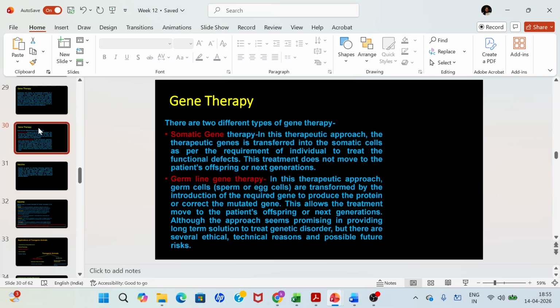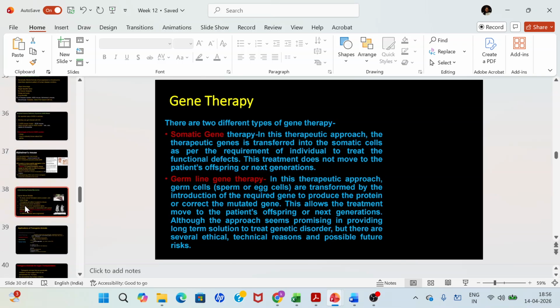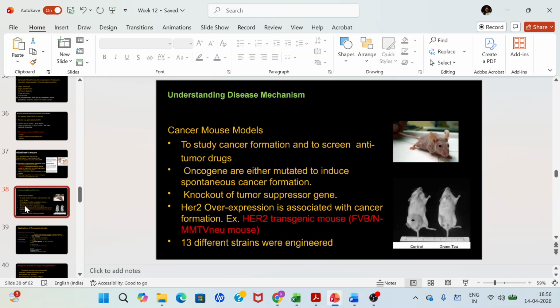So it is a very upcoming thing that you should study if you want to get into molecular biology. Okay, so this was the detail about molecular biology as sir has taught, and I hope you guys understood it.